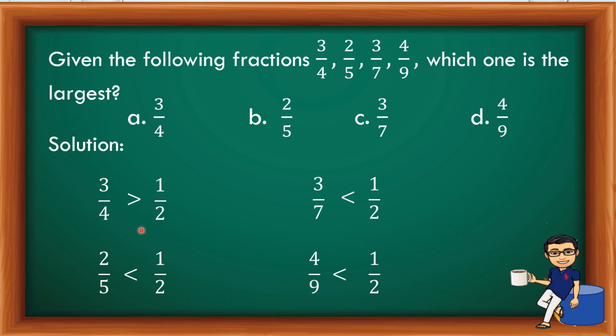Based on our solutions, 3/4 is greater than 1/2. And the rest, 2/5, 3/7, and 4/9, are less than 1/2. Therefore, we can conclude, since only 3/4 is greater than 1/2 and the rest are less than 1/2, that 3/4, which is letter A, is our answer.